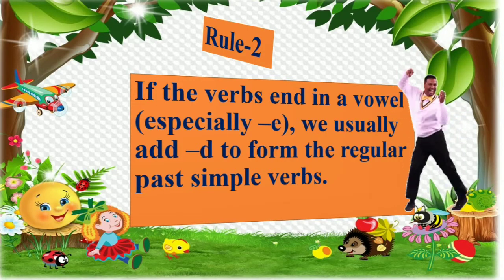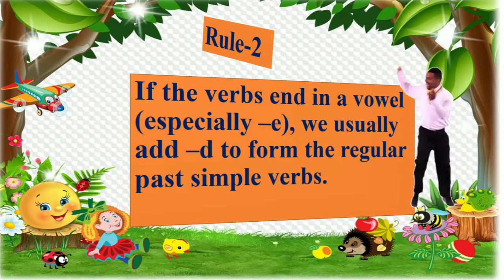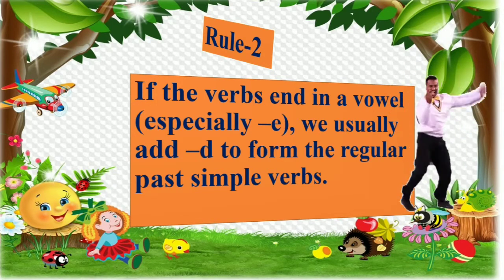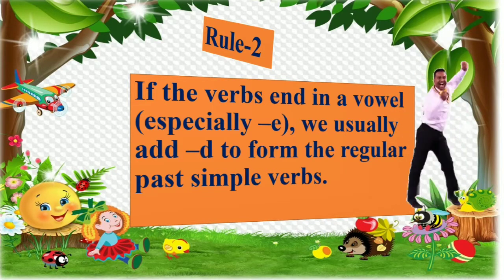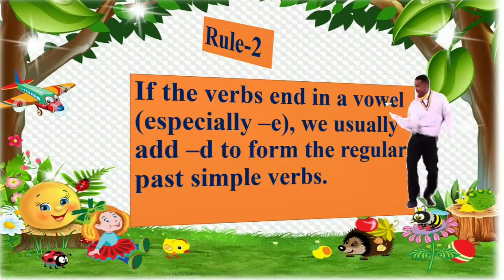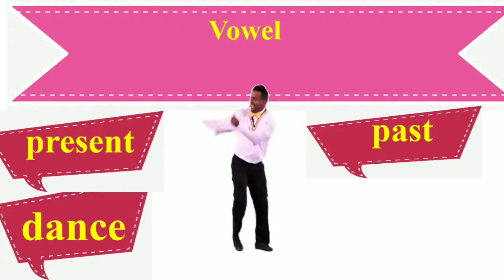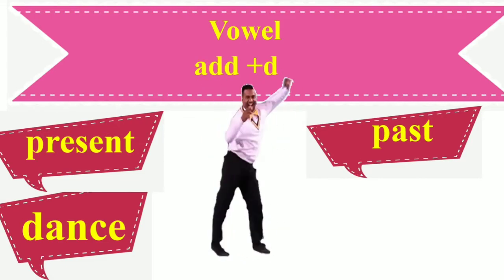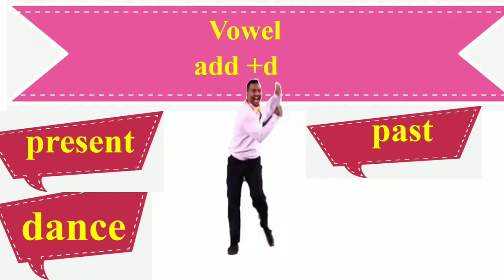This is rule number 2. If the verbs end in a vowel, especially e, because all the time you will get e, we usually add d to form the regular past simple verbs. Okay, so here if you get a vowel, you will just add d because e is already there. Dance. You can see e is already there.